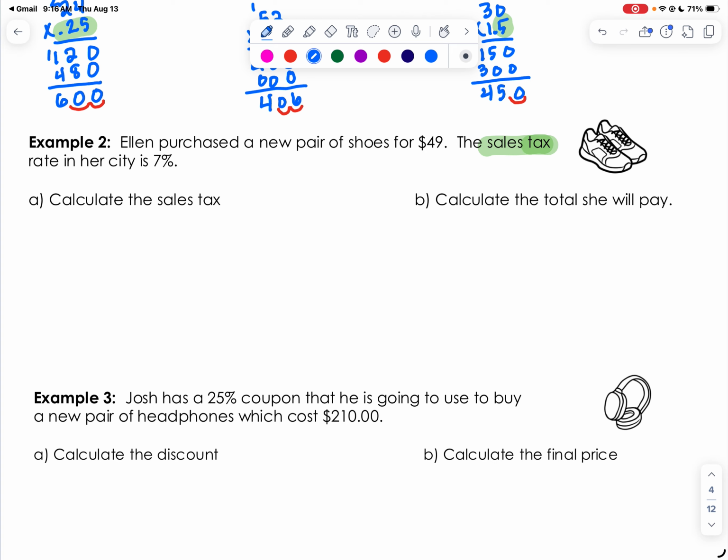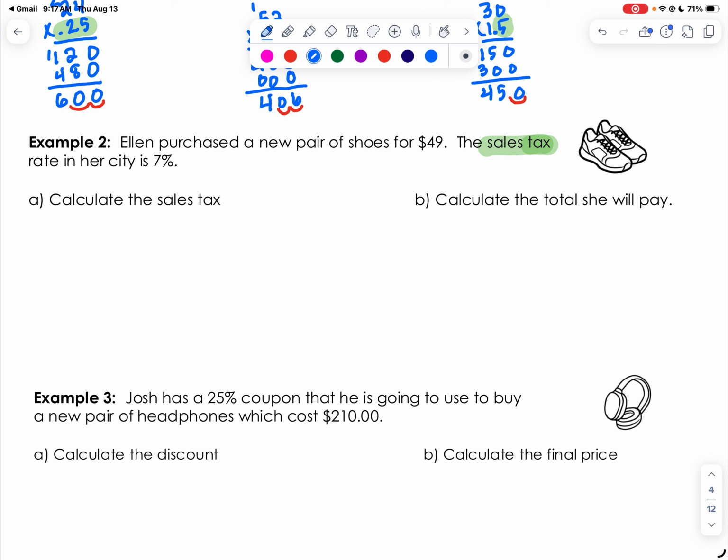The sales tax usually goes to fund city services such as roads and police and things like that. All right. So when Ellen purchased a new pair of shoes for $49, the sales tax rate is 7%. And we want to calculate the sales tax.